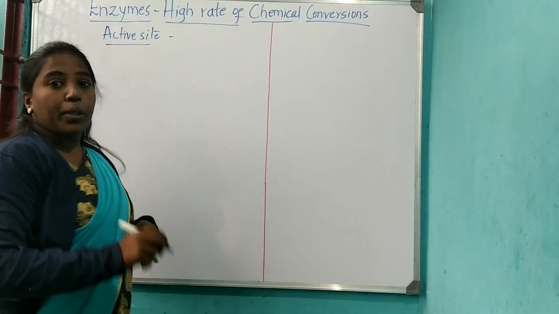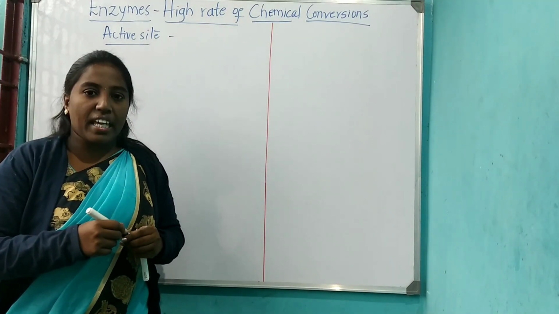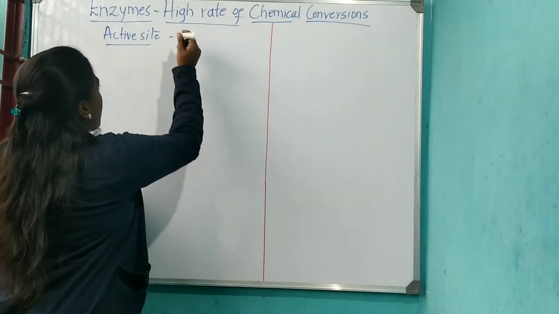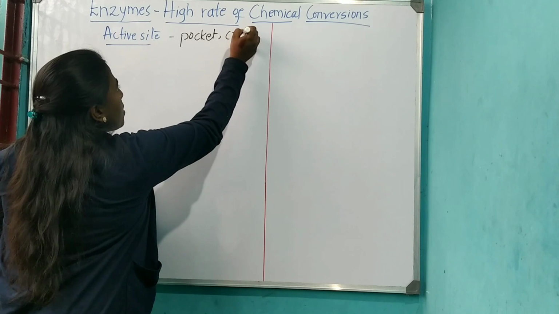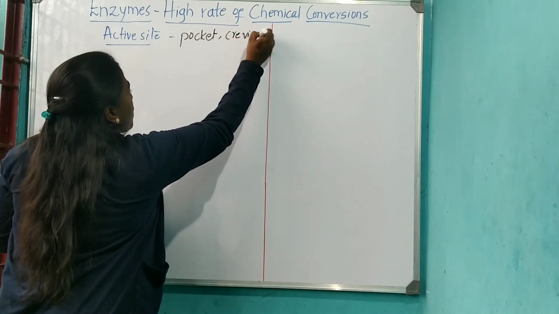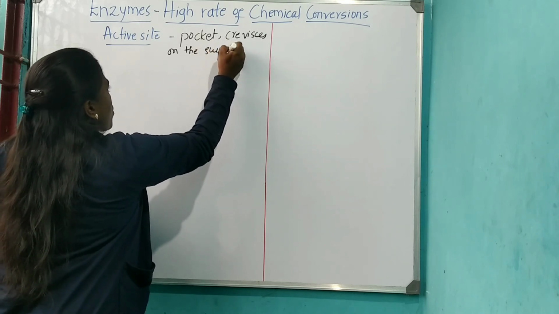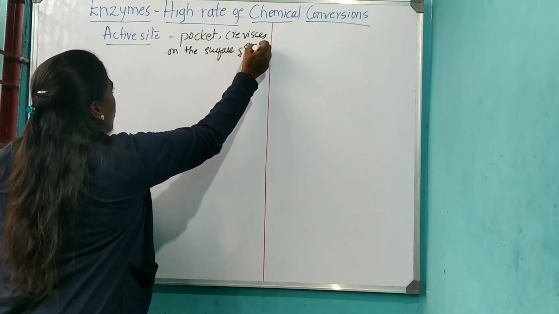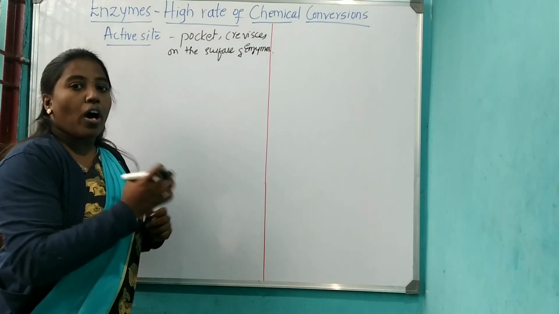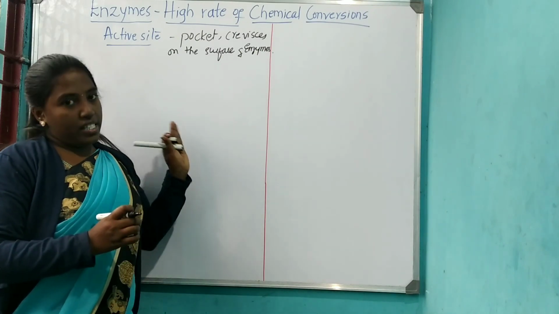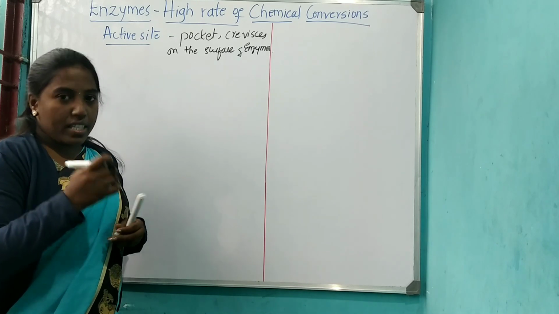The active site is the pockets or crevices, meaning cracks, on the surface of enzymes, which is responsible for the catalytic activity of the enzyme.